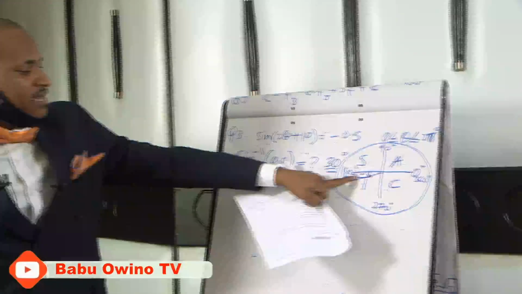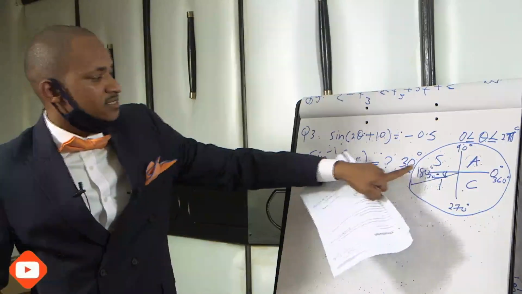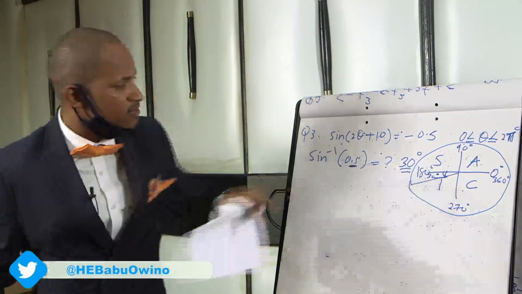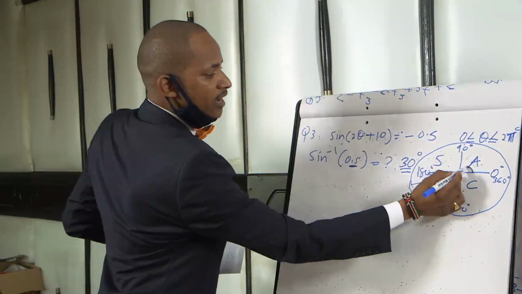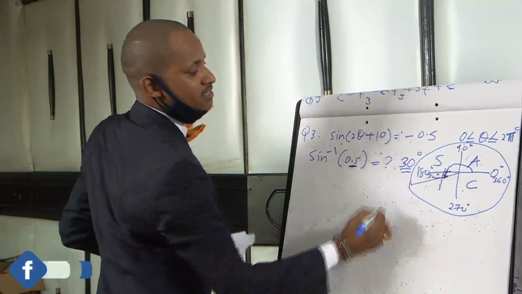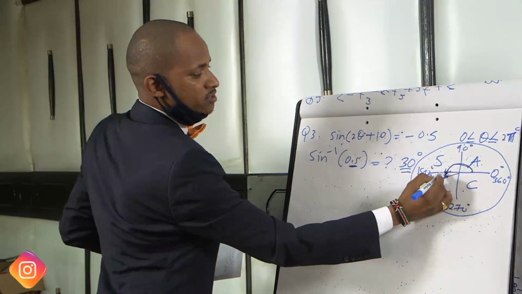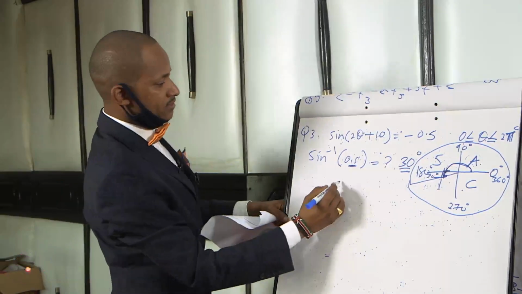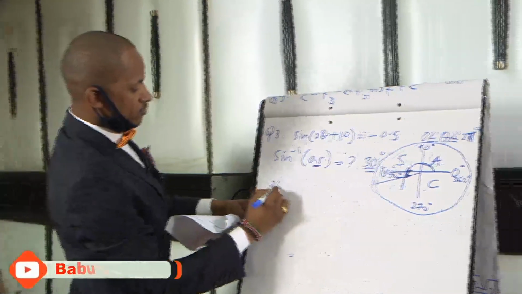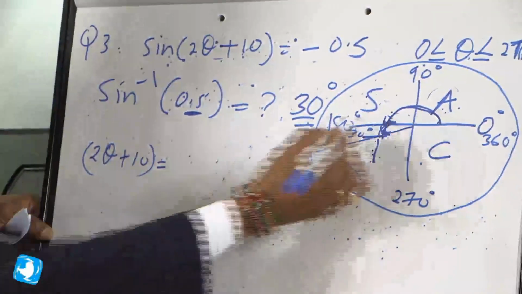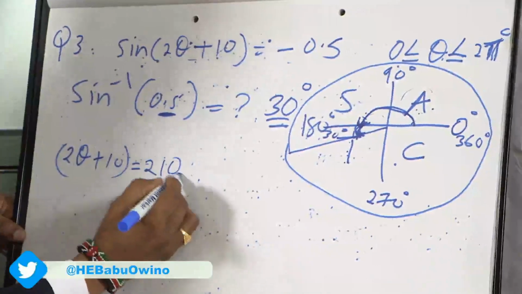So if our angle is lying here, we cannot write it as 30 degrees because 30 degrees is only positive in the first quadrant. Therefore, in the third quadrant, we will make a half rotation to reach where that 30 is, half plus 30 degrees. So when you make half a rotation, that is 180 degrees plus 30, you get 210 degrees. Therefore, 2 theta plus 10, our first angle, is 210.